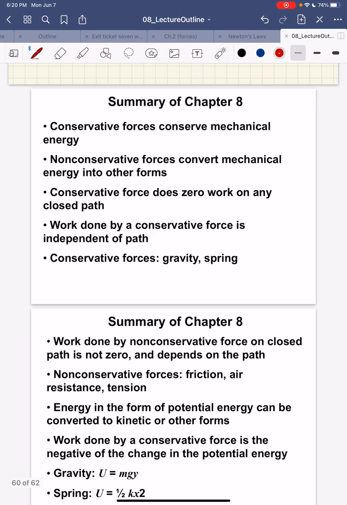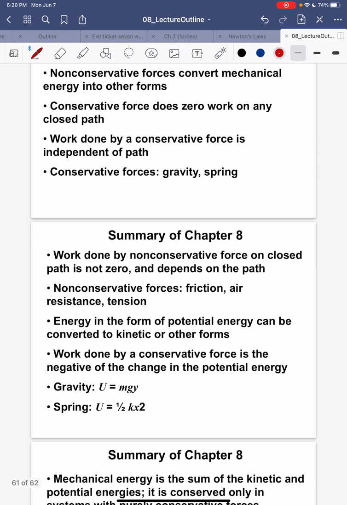Examples of conservative forces are gravity and spring. An example of a non-conservative force is friction. Work done by a non-conservative force on a closed path is not zero and depends on the path. Examples of non-conservative forces: friction, air resistance, tension, pulling, pushing, all these.